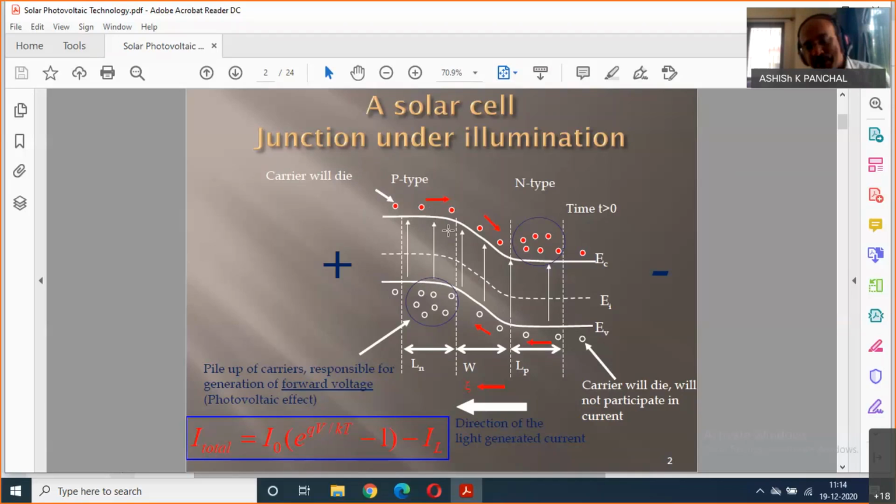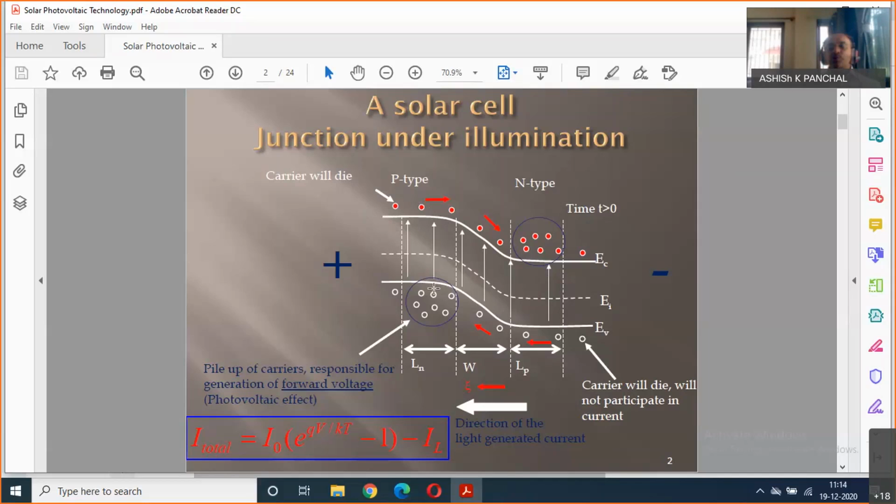There is a band gap in between, and that diagram is known as the energy band diagram. Particularly for silicon, the band gap is 1.12 electron volts, the difference between the minimum energy in the conduction band and the maximum energy in the valence band.